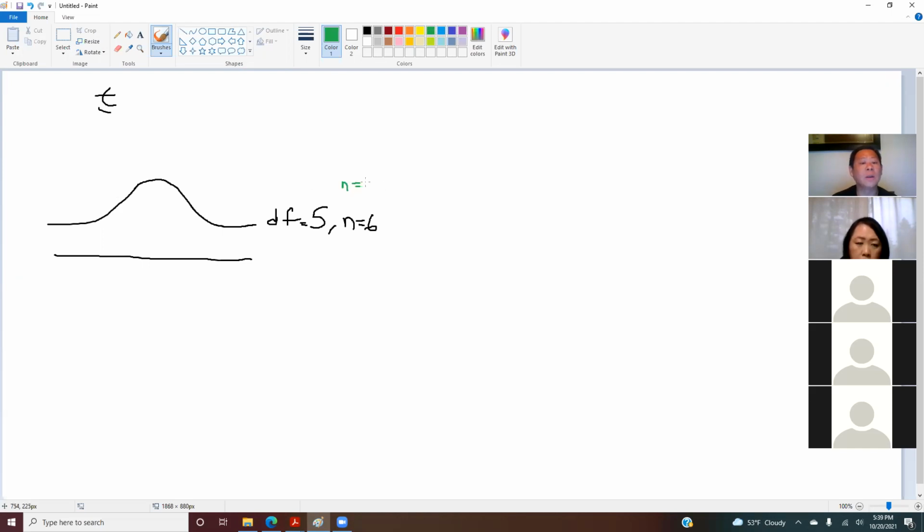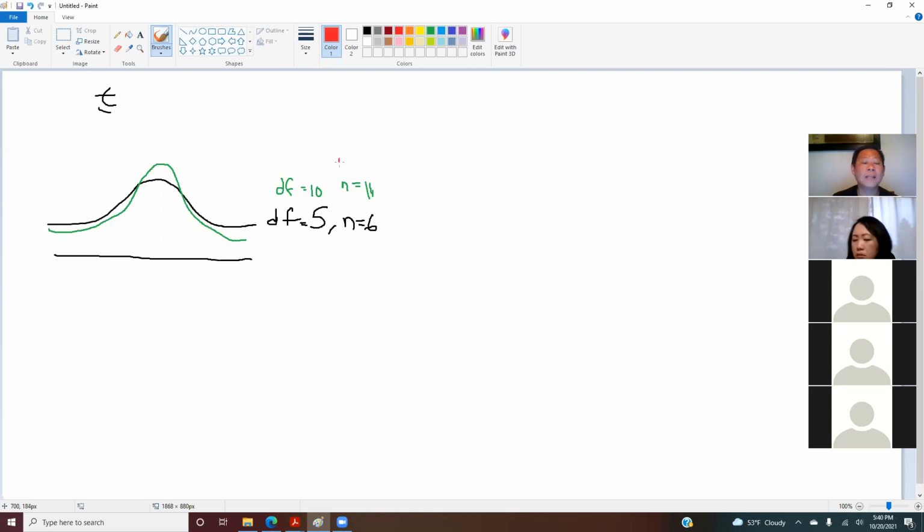What happens if you increase your n to 11? I use green. Your degrees of freedom in this case will be 10, because 11 minus 1 is 10. Then your tail is getting thinner and your peak is getting taller. So this is what happens to the green one when your degrees of freedom is 10 or your n is 11.